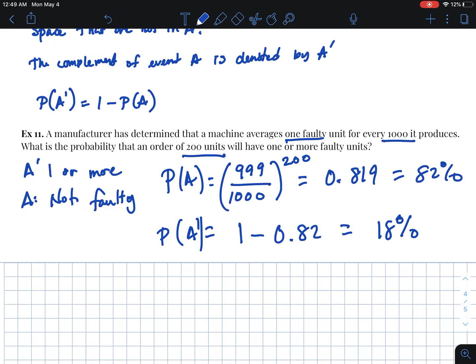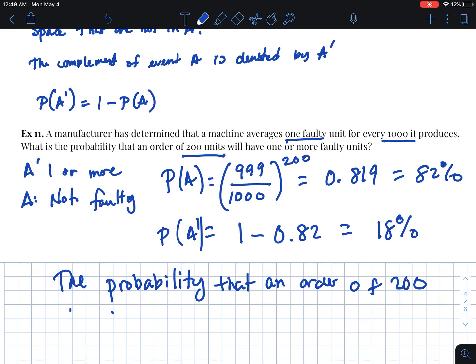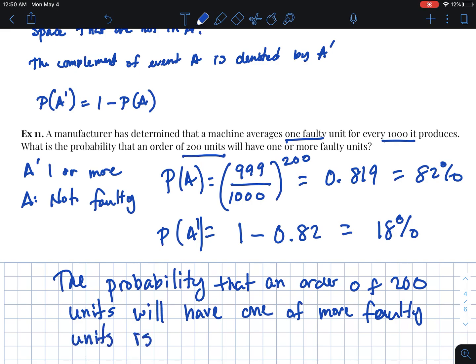So this 18% is telling us that the probability that an order of 200 units will have one or more faulty units is 18%. Okay, and that's it.